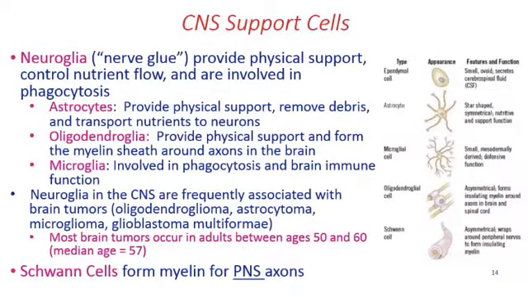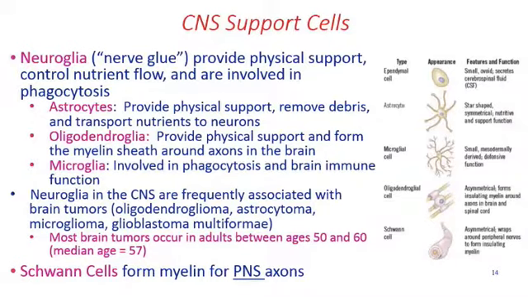So if we just had neurons in our brain, they would be kind of a mishmash of connections, and we really need some sort of a support system or some sort of a cell to stabilize the neurons or provide structural support or scaffolding for the nerves. And so we have what are called neuroglia, which is actually, I think, Greek for nerve glue.